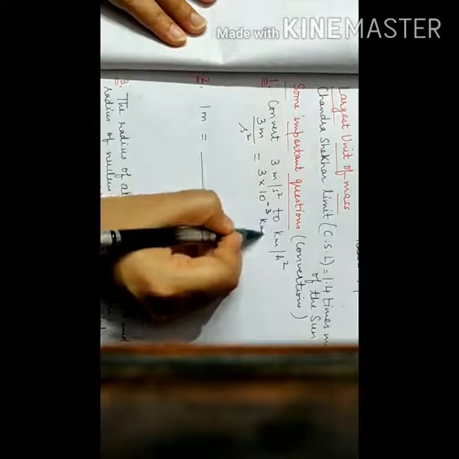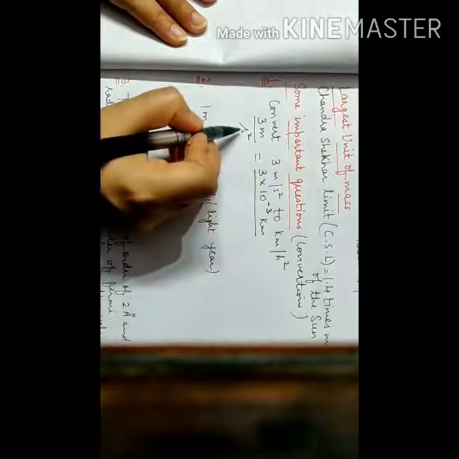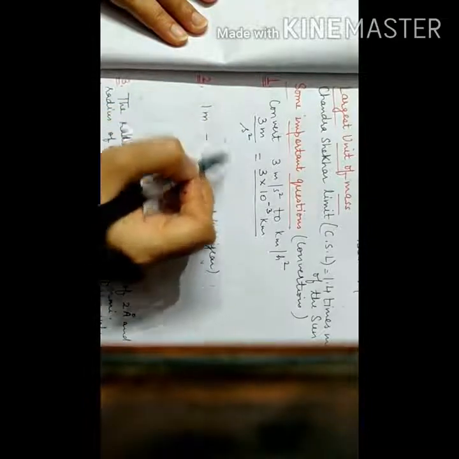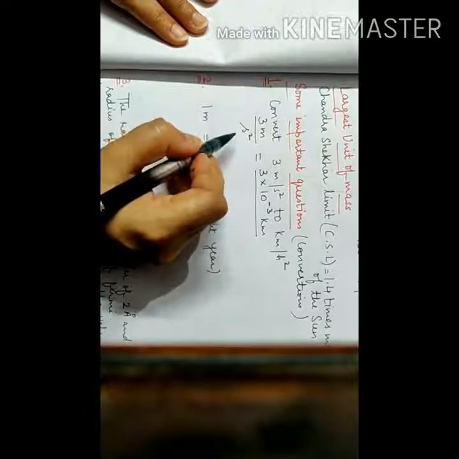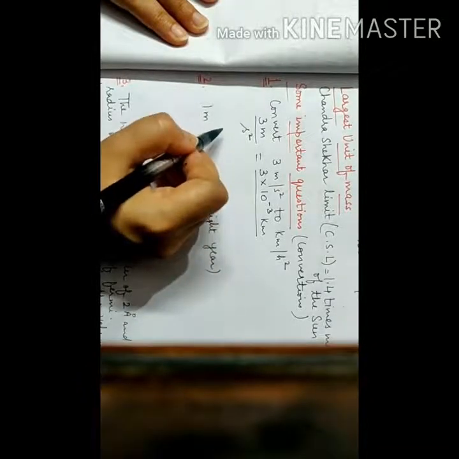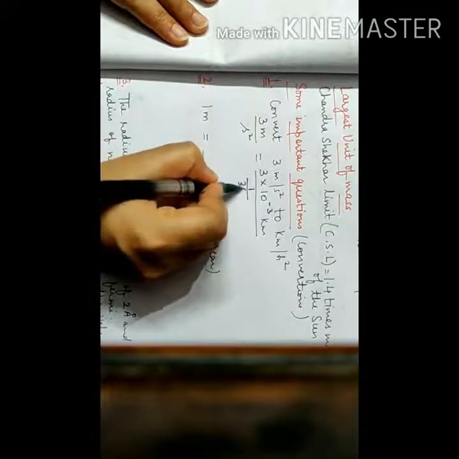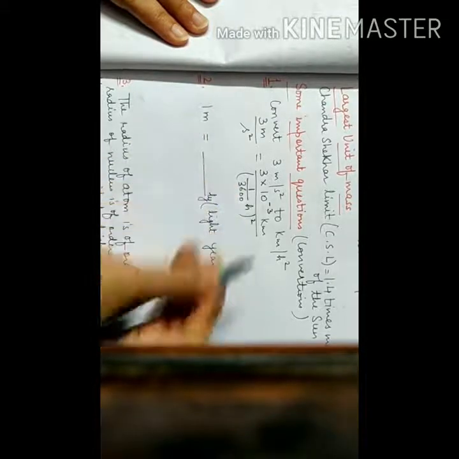Now it becomes kilometer. Right? Divided by second. If we have to convert second into minute, then 1 by 60. And if we have to convert second into hour, 1 by 3600. Then it is 1 by 3600 hours. Then whole square.